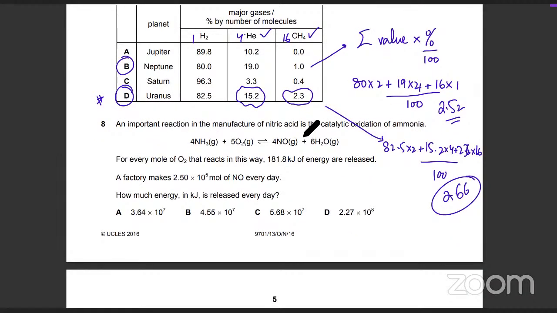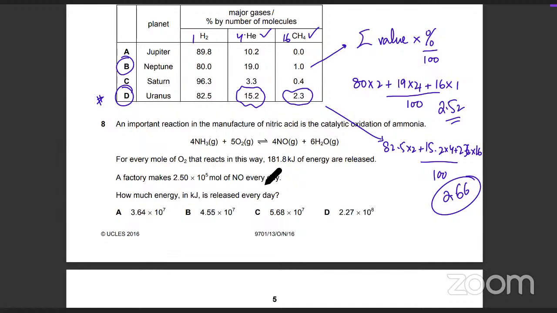Okay, the next important one is: an important reaction in the manufacture of nitric acid is the catalytic oxidation of ammonia. For every mole of O2 that reacts in this way, 181.28 kilojoules of energy are released. A factory makes 2.5 times 10 to the power 5 moles of NO every day.